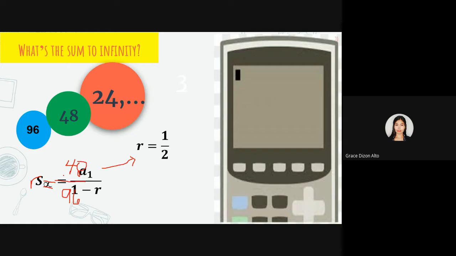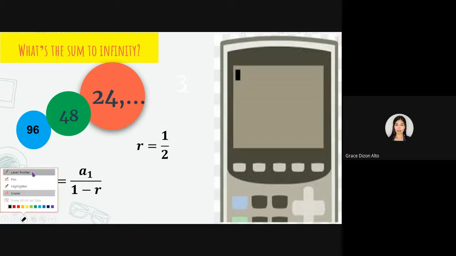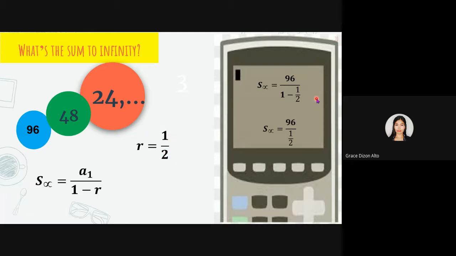Okay, after having our common ratio, we will have our formula for infinity. So we have S to infinity is equal to a sub 1 all over 1 minus r. Substitute the values. So 96 is our first term divided by 1 minus 1/2, which is also our common ratio. So solve for 1 minus 1/2, that's 1/2. Therefore, we got 96 divided by 1/2.